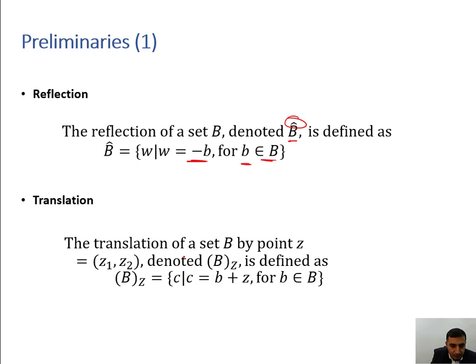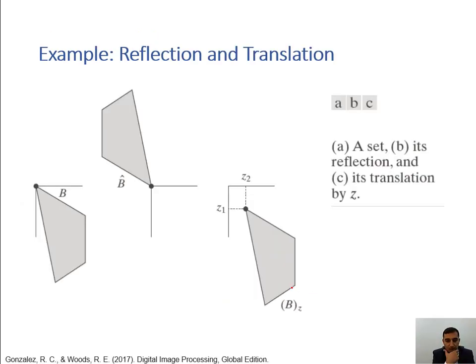The translation of set B by a point Z, with components Z1 and Z2, denoted by B sub Z, is defined as B sub Z equal to C, where C is equal to B plus Z. So we move the image, we translate the image, where B is part of the larger set.